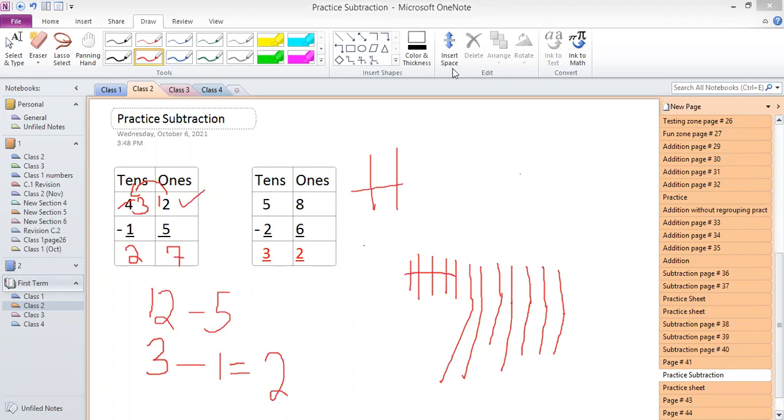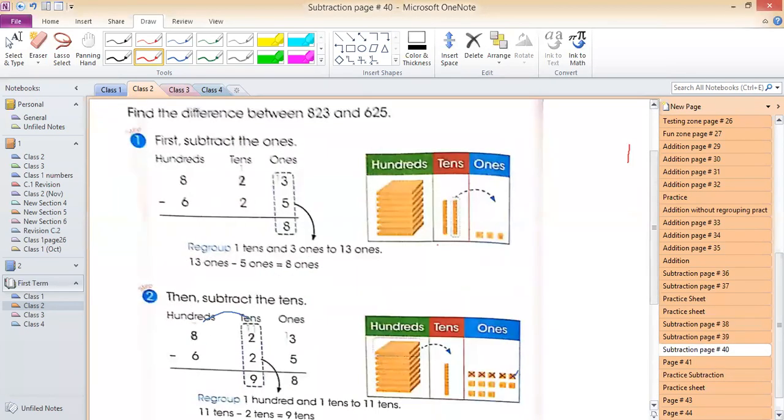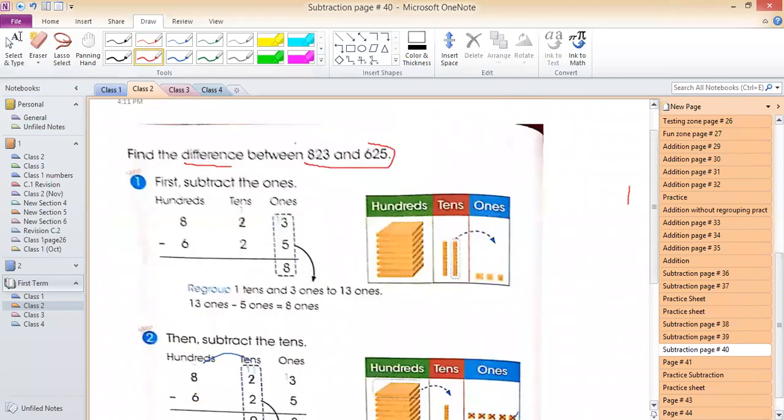Let's come to the book again, guys. On page number 40, there is one more example. The example is saying find the difference between 823 and 625. So guys, difference means subtraction. Find the difference means do subtraction.